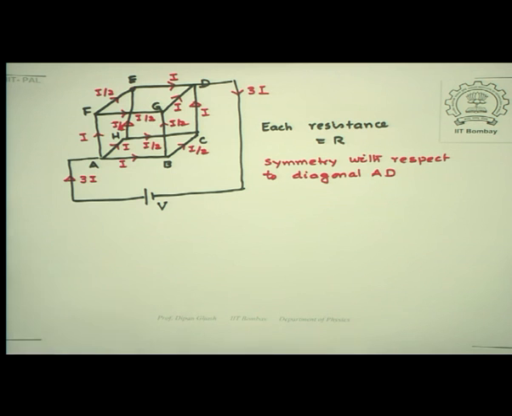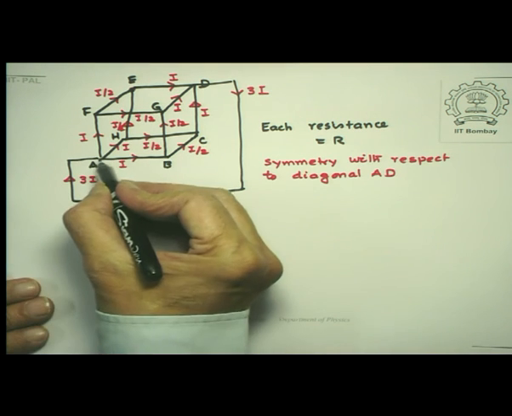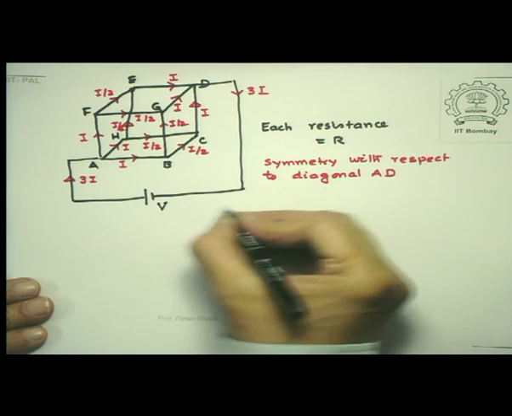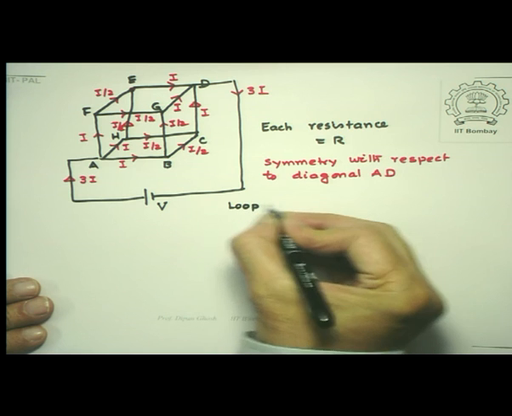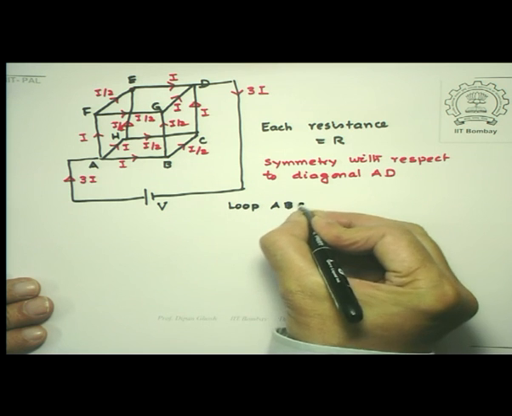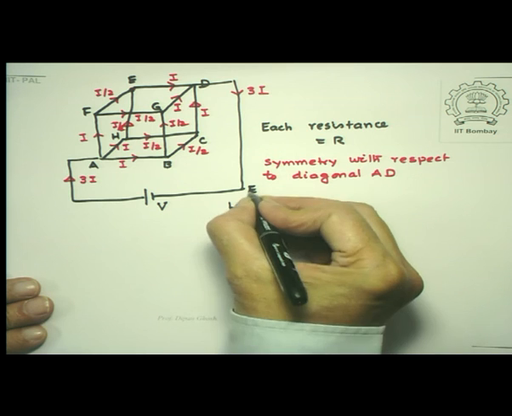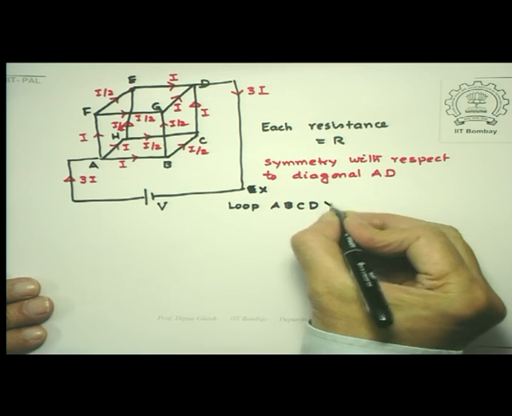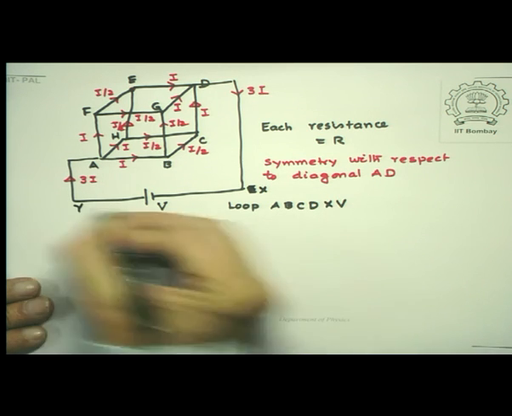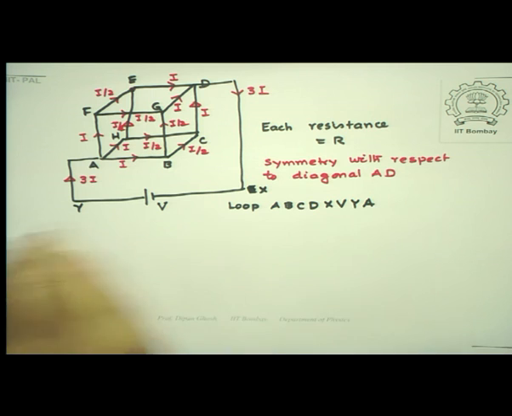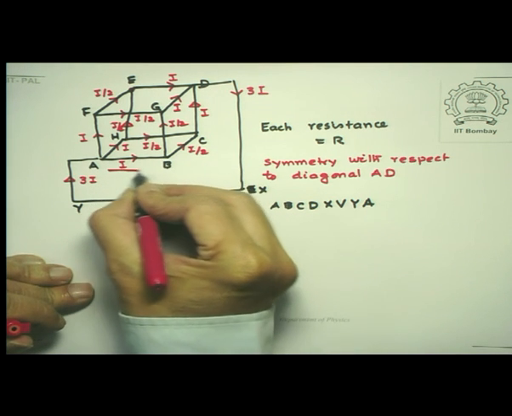So let's look at now this loop A, B, C, D, let's call this E, X, V and Y and A. So this is basically this outside loop.